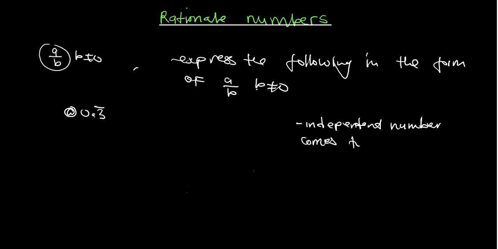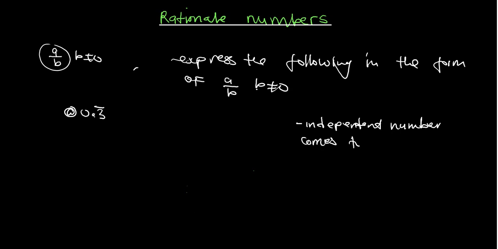which contradicts our assumption that a and b have no common factor.